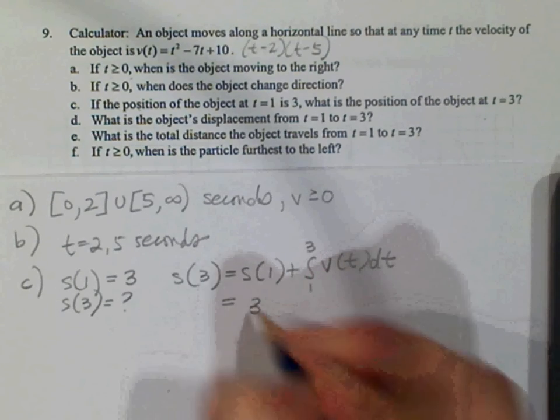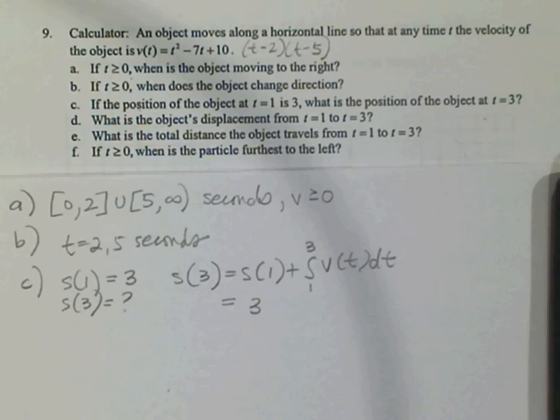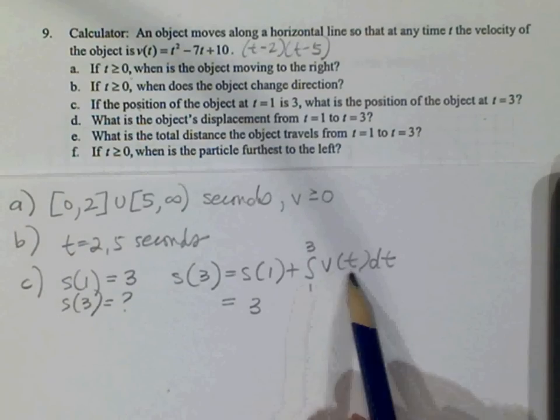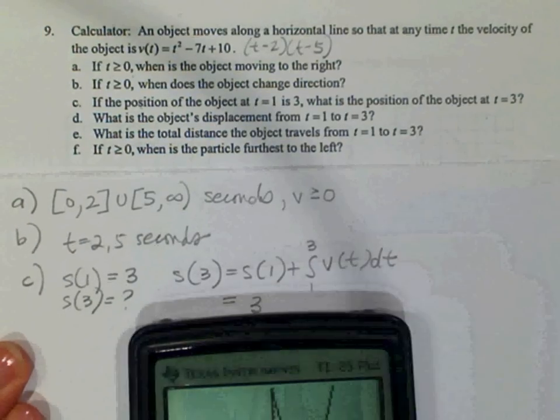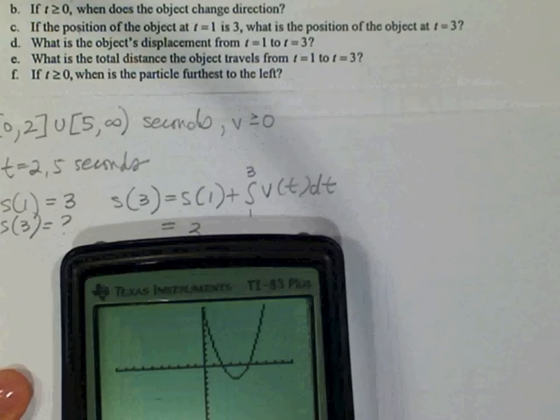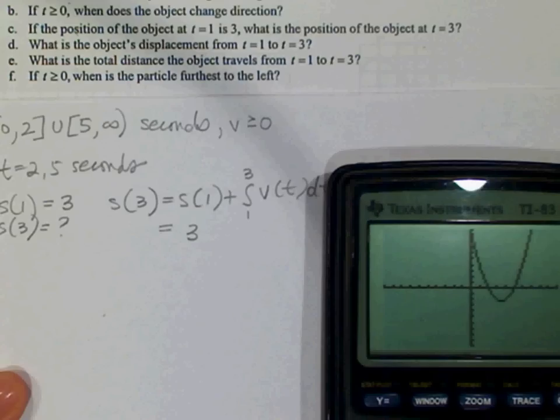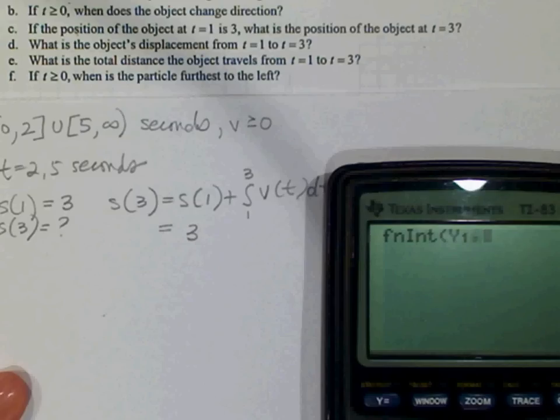S at 1 is equal to 3, but the integral from 1 to 3 I don't know. Now, if this were a non-calculator question, I'd have to find the antiderivative. But I'm not going to spend that time when I can quickly do it in my calculator. So we're just going to do a math 9 on my function for x values from 1 to 3. And we get a wonderful 2/3.